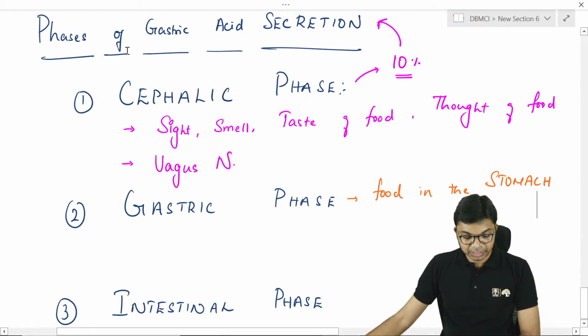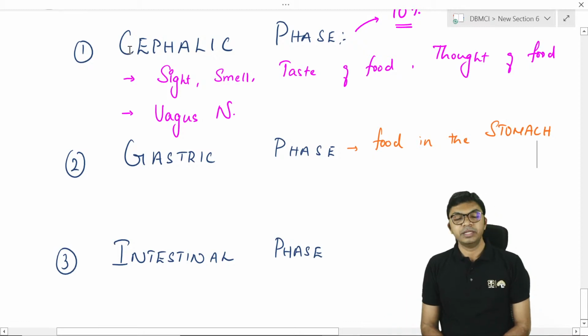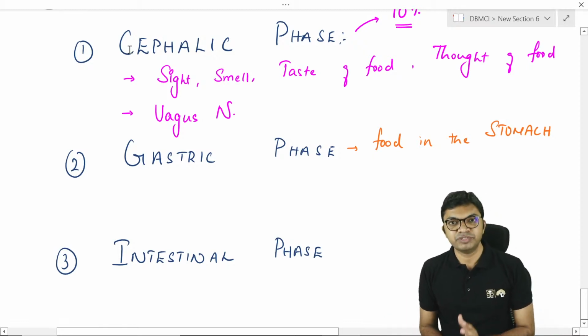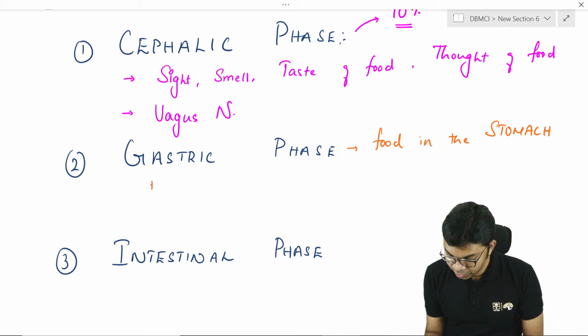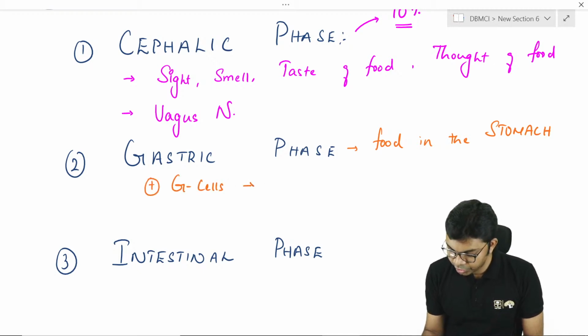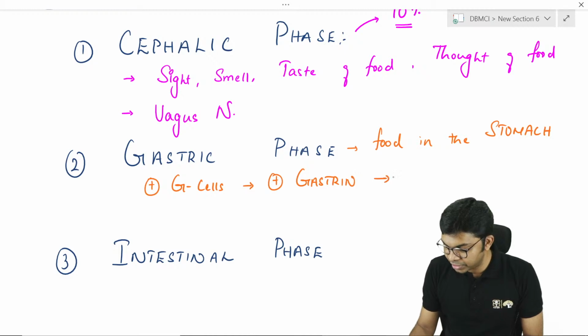Because food is present in the stomach, there is going to be activation of G cells, and G cells are going to in turn trigger production of gastrin, and you know very well, because gastrin is getting released, there is going to be acid secretion.